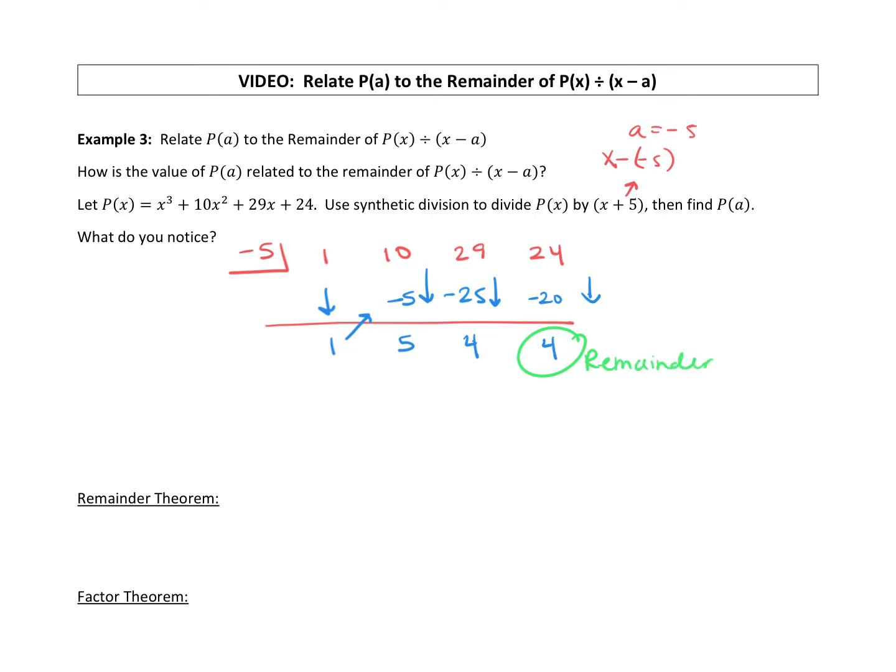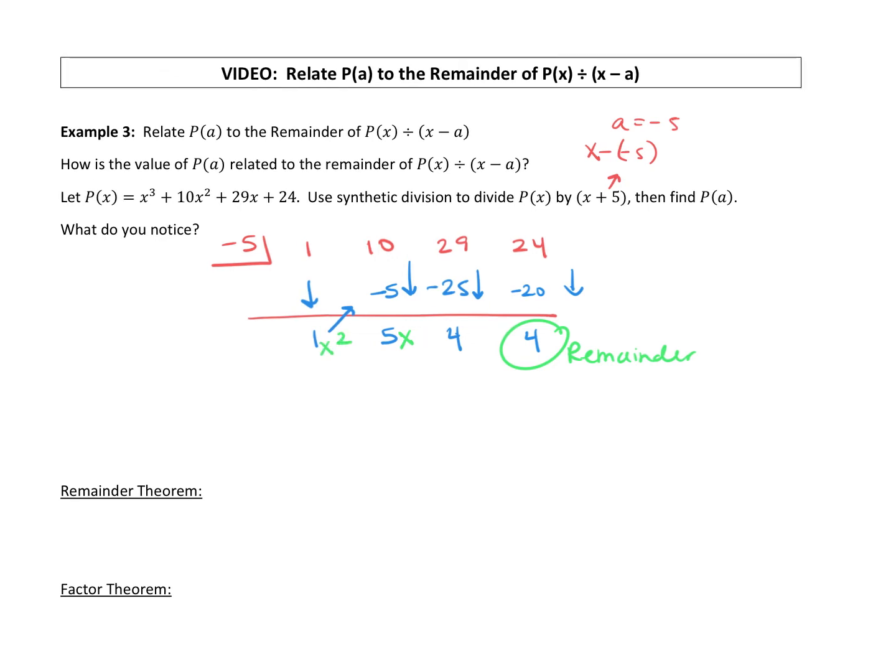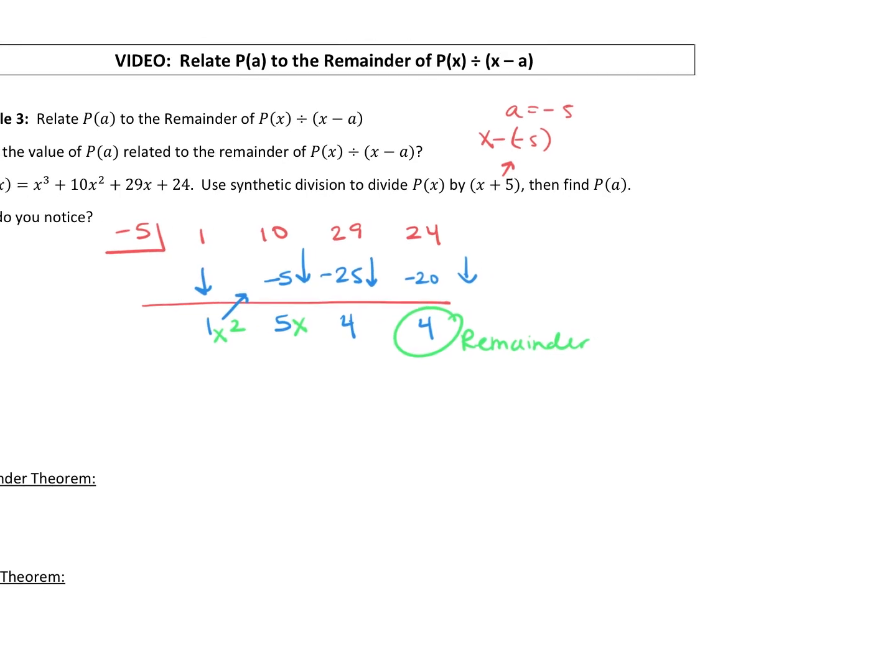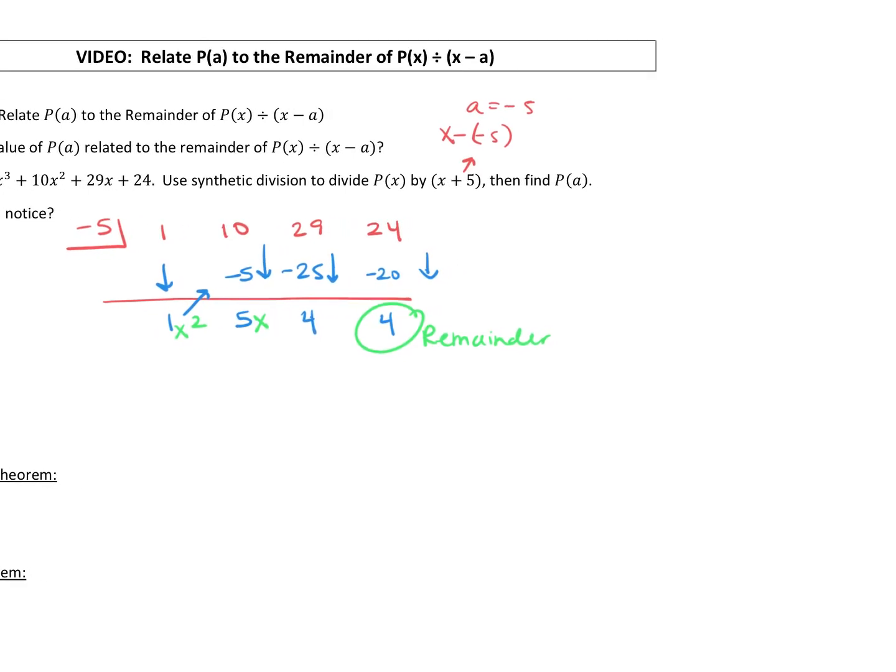And then let's fill in moving to the left. This is our constant term. This is our x to the first power term, and this is our x squared term. So our dividend, P of x, I'm not going to rewrite the whole thing. P of x is equal to the product of what we were dividing by.